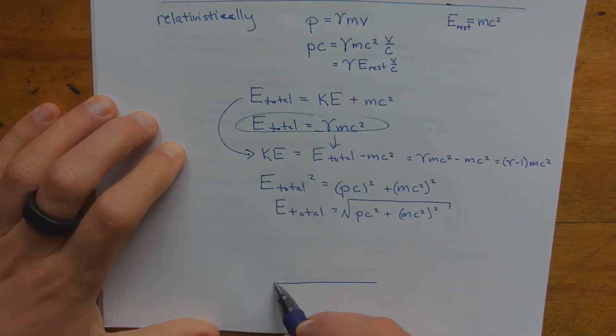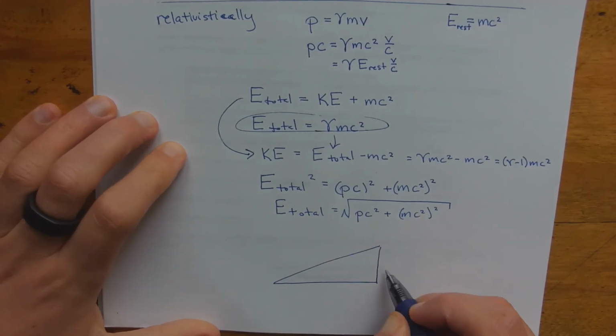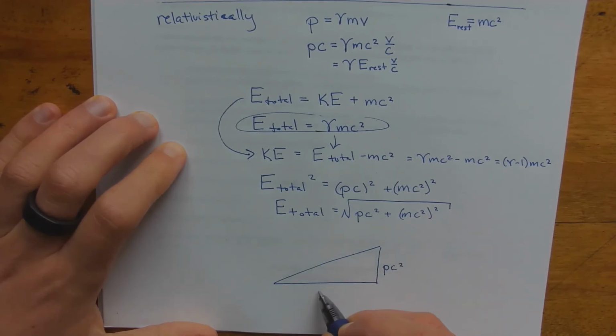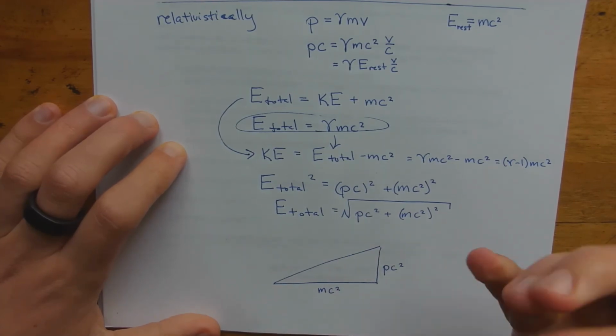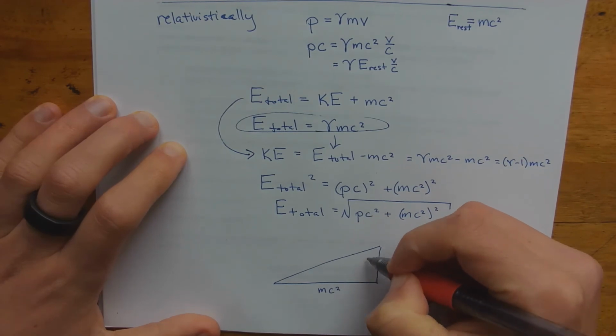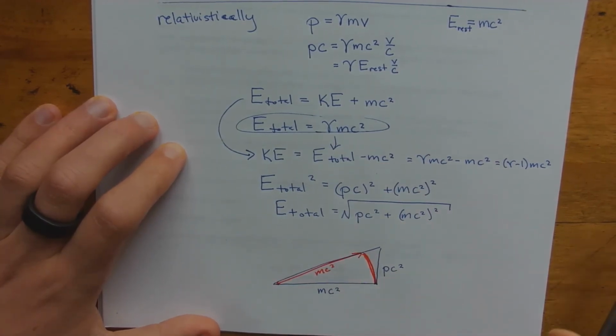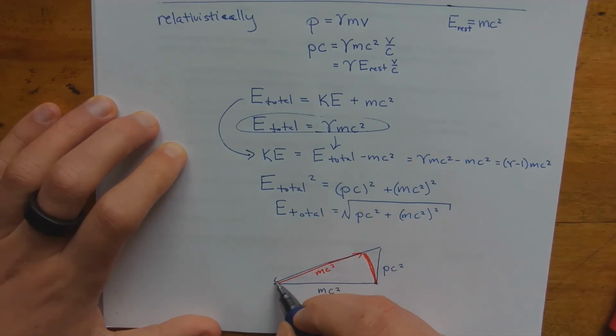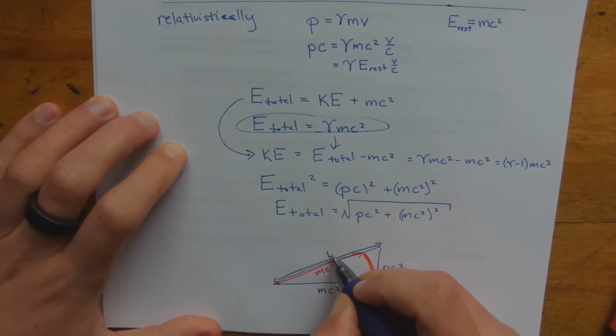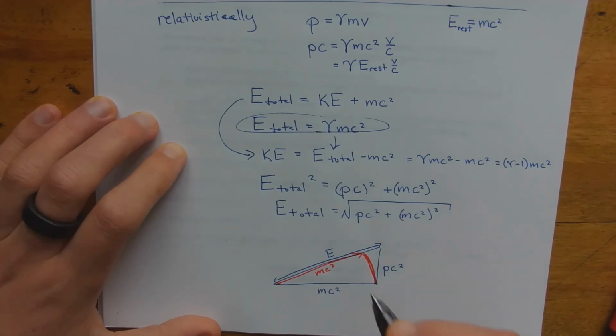We're going to draw a right triangle, and I'm going to say that this side of the triangle is pc, and this side of the triangle is mc squared. And then I'm going to draw part of a circle that has a radius of mc squared. Okay, so then this would also be equal to mc squared. I'm going to call the hypotenuse of my triangle E total.